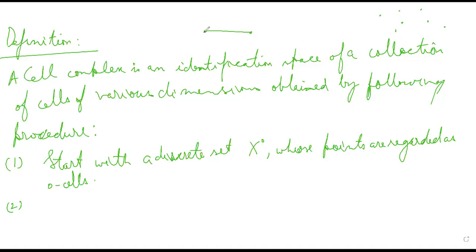You take a one-dimensional disk, or a closed arc, and map its two endpoints to X naught. This one may go to this one, and this one may go to that one. Or you can map both endpoints to a single point, and we will get a loop.